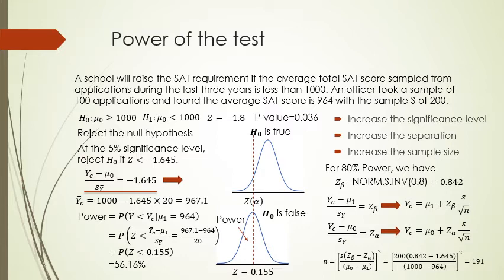For the left-tailed test, 80% power leads to a critical z-score of 0.842, from the Excel function norm.s.inverse. Z beta gives the required power level, and Z alpha gives the 5% significance level.